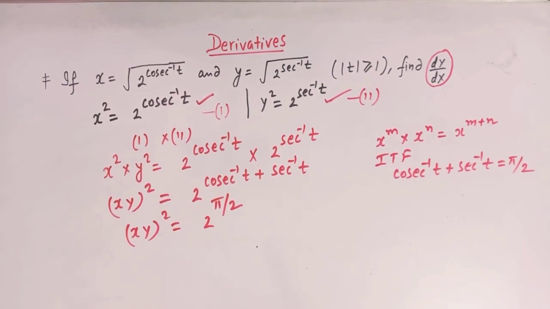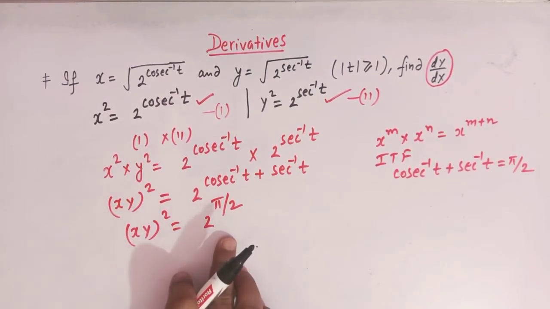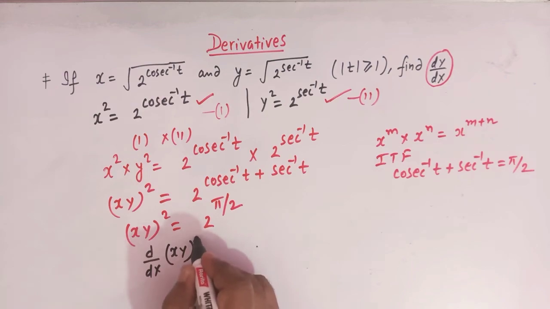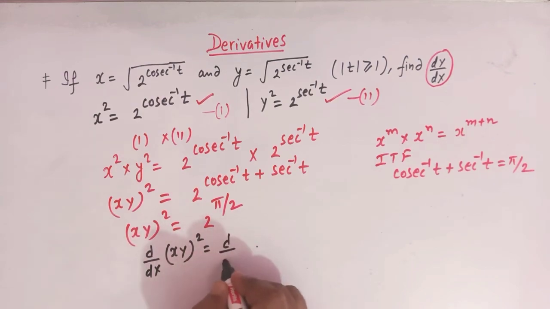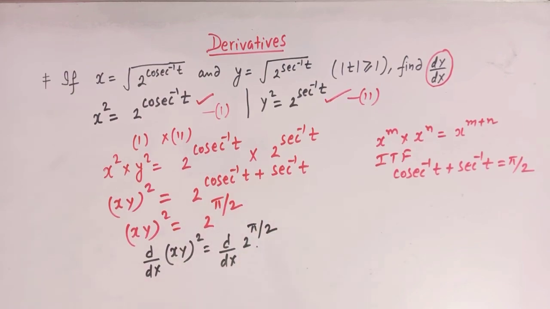So now let us differentiate both sides with respect to x, right? So what we will have is d by dx of xy whole square, and here we have d by dx of 2 raised to pi by 2, right? And see, 2 raised to pi by 2 is a constant, so the derivative is 0, right?